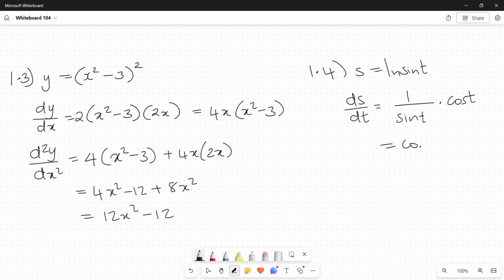It's just cot of t. Then our second derivative, we know the derivative of cot is minus cosec squared of t.